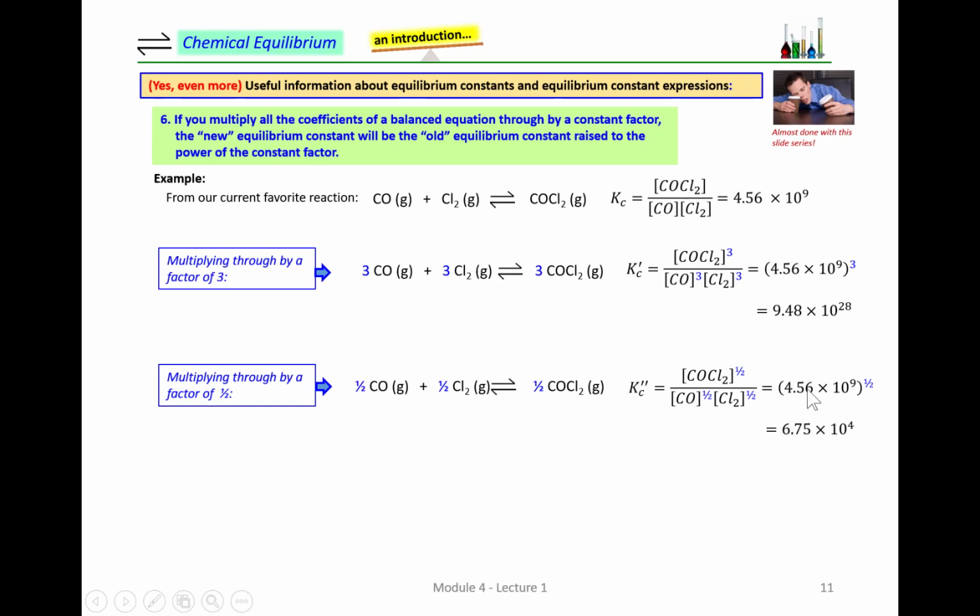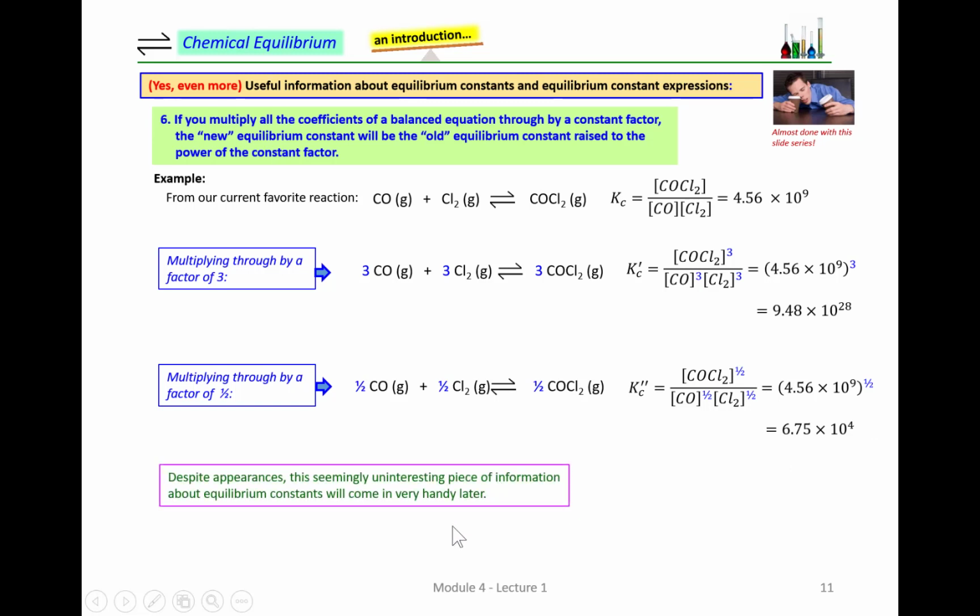In other words, raised to the 1/2 power. We're effectively taking the square root of this K value, and we'd get a value of 6.75 times 10 to the 4th. Now, despite appearances, this seemingly uninteresting piece of information about equilibrium constants will come in very, very handy later.